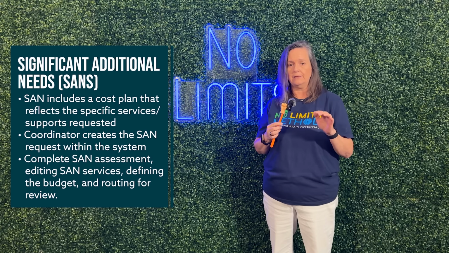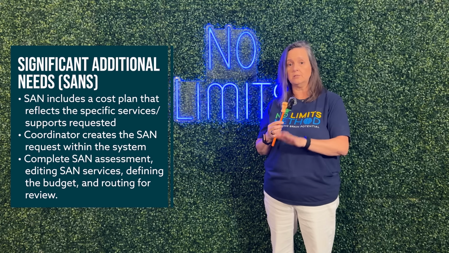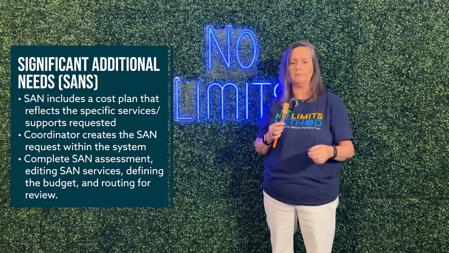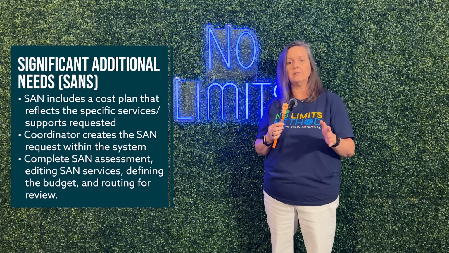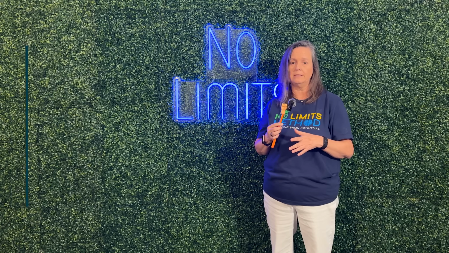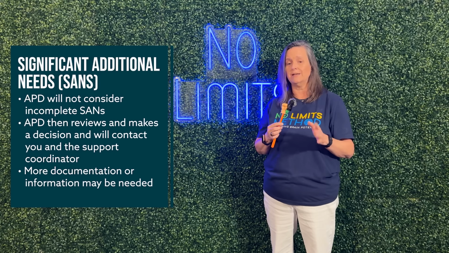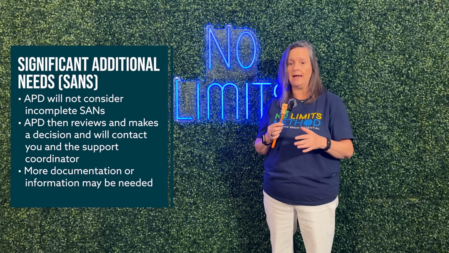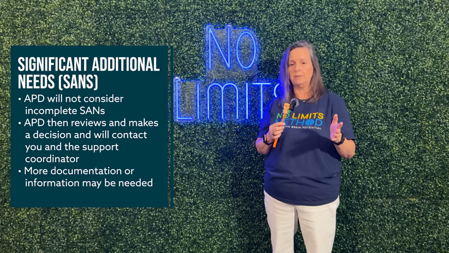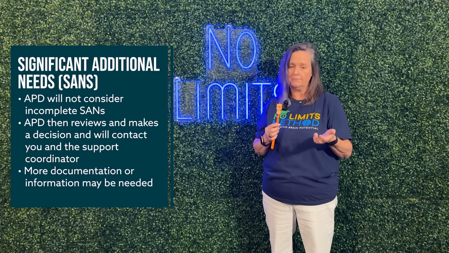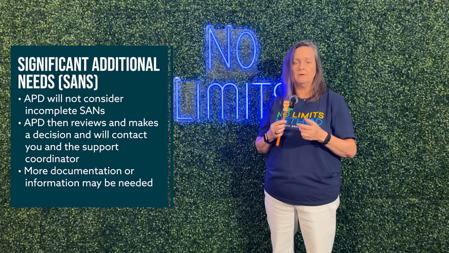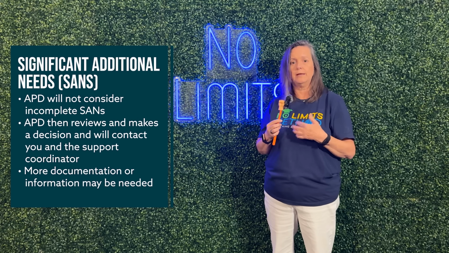Then the proposed budget for these services and who will be providing them, and submitting all that documentation to the APD. The APD will not consider incomplete SANs that lack the material and information needed to decide if the criteria are met. The Agency for Persons with Disabilities will review and make a decision.